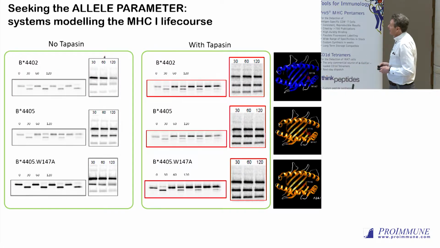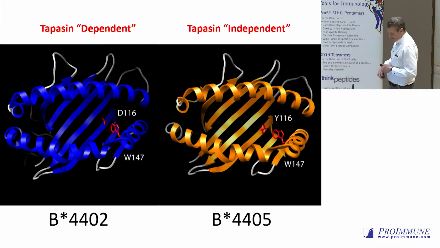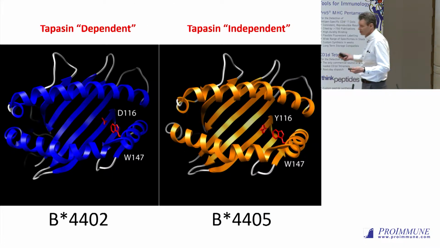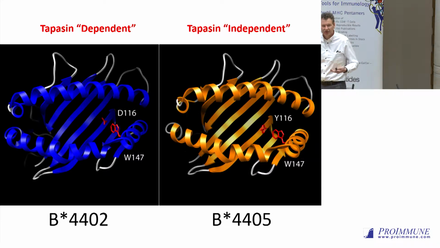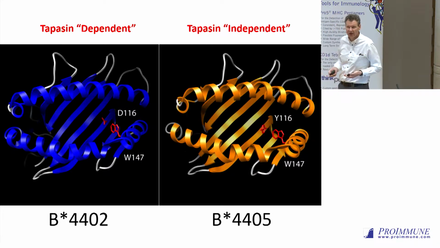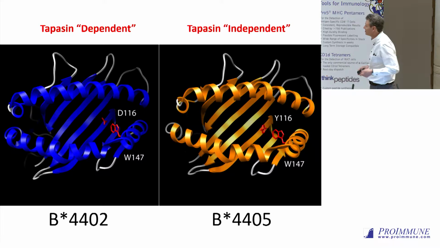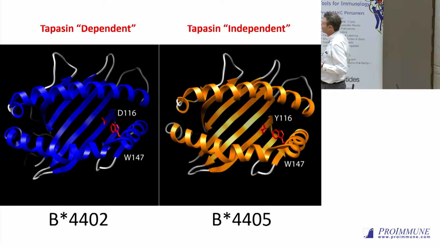So we were optimistic that we would see, when the crystal structures were solved, some kind of structural correlate of this difference in function. Sadly, we didn't. We didn't solve these structures; these are provided by Jamie Rossjohn, who published them in 2003.